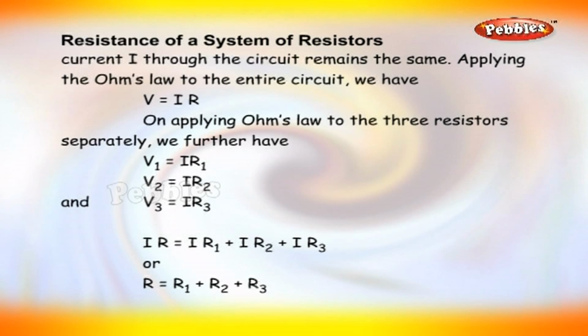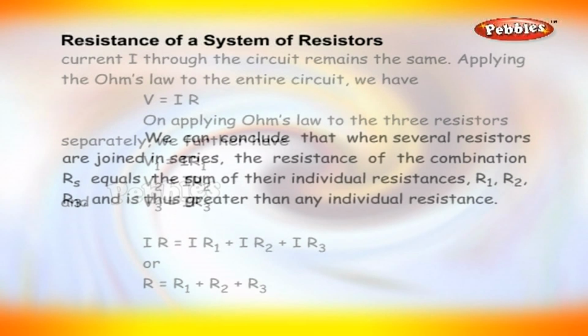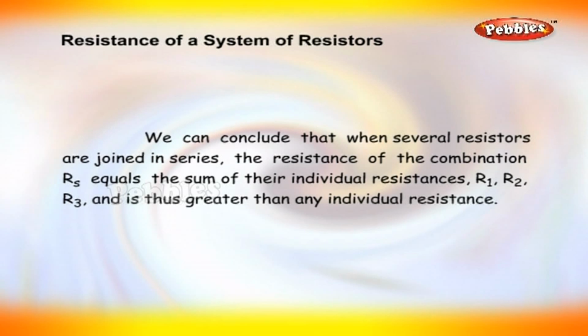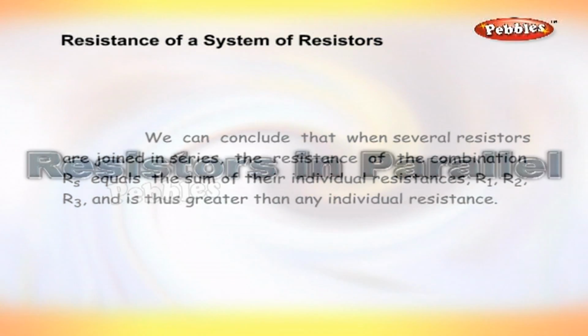IR is equal to IR1 plus IR2 plus IR3, or Rs is equal to R1 plus R2 plus R3. We can conclude that when several resistors are joined in series, the resistance of the combination Rs equals the sum of their individual resistances R1, R2, R3 and is thus greater than any individual resistance.